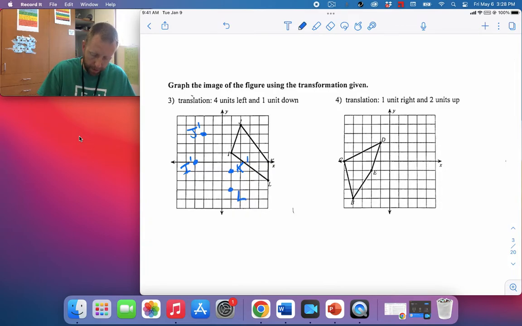And that is L prime. And then just connect all your points. One thing I want to point out, I should have pointed this out for number 1 and number 2 also, is that you can see my sides are parallel. After I've moved them, my sides are still parallel with the original shape. Okay. All right, pause the video. Try number 4.